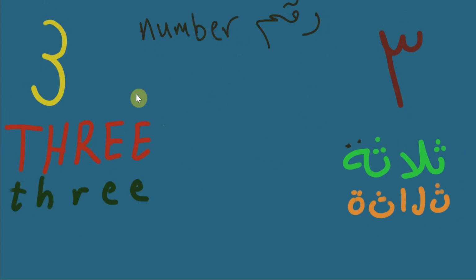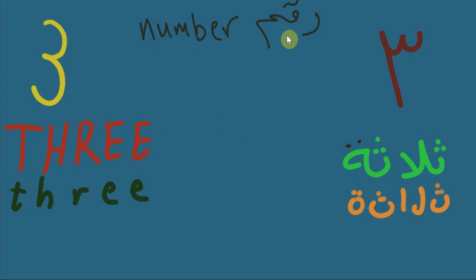Now we have number 3. So 3, that's how it looks in English. T-H-R-E-E. That's capital letters. T-H-R-E-E in small letters. We said رقم is number.